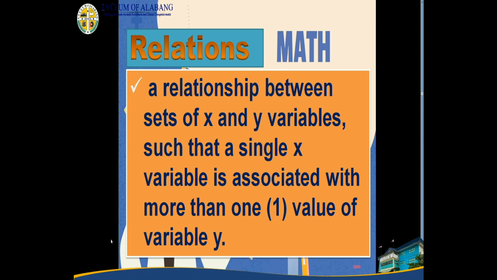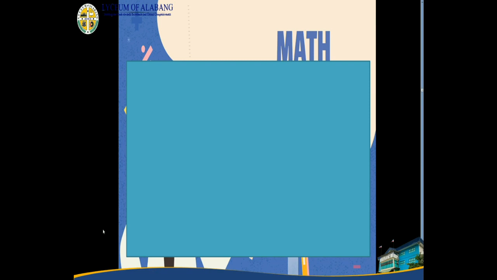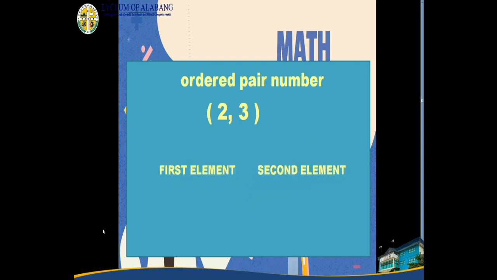An ordered pair number is a pair of numbers that go together. The numbers are written within a set of parentheses and separated by a comma. For example, 2 and 3 is an ordered pair number. The order is designated by the first element 2 and the second element 3.